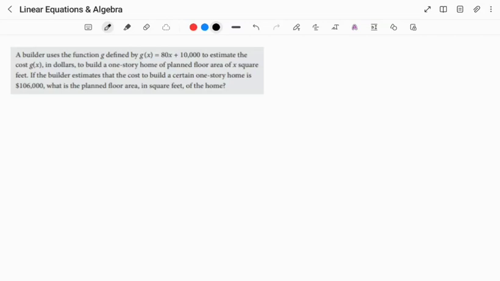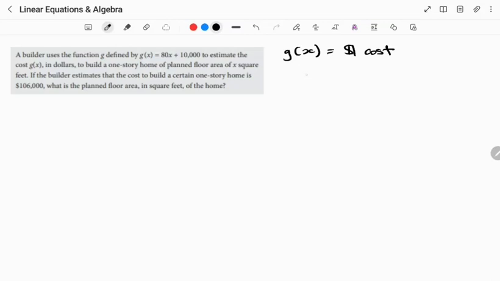And it tells us that the builder estimates that it's going to cost 106,000. And it also tells us that g of x is in dollars. So this is the cost. Now, this is just another way of saying these g and x are dependent.